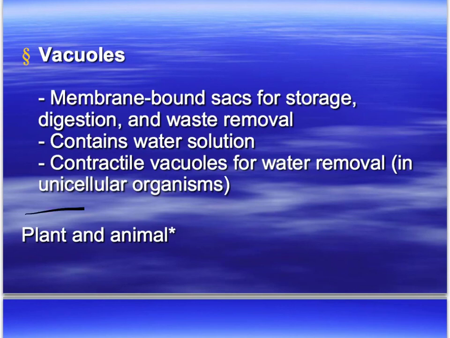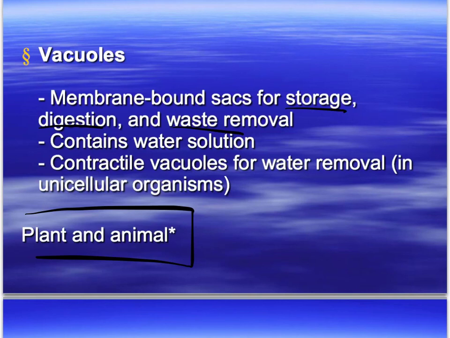Another organelle that we can find in both plants and animals are vacuoles. And vacuoles are membrane-bound, and what that means is they're surrounded by a phospholipid bilayer. They're membrane-bound sacs that are used for storage, for digestion, and waste removal. They contain a water solution, and there are other types of vacuoles called contractile vacuoles which actively pump water out of the cell.